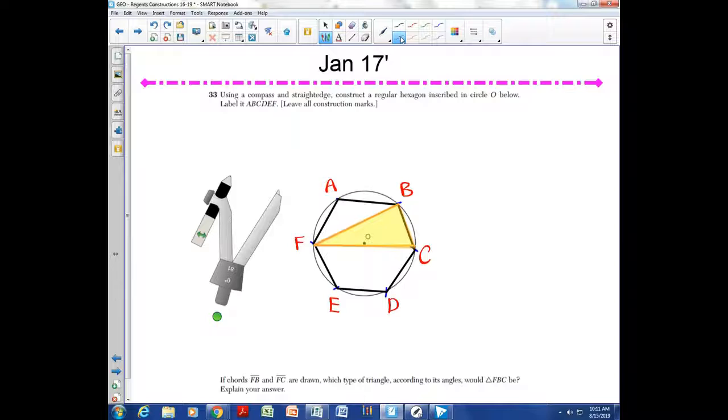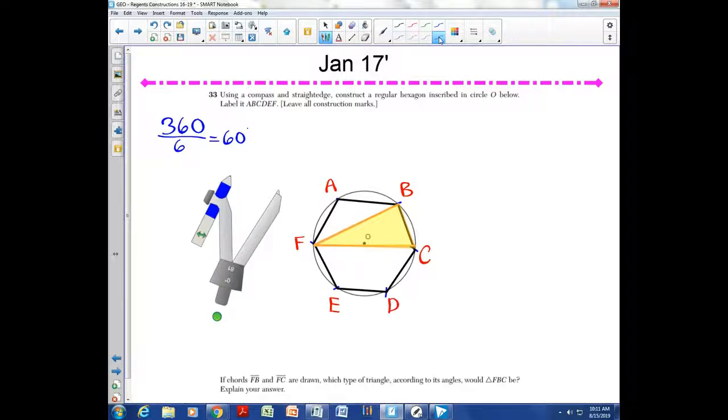Since that is an inscribed triangle, all 3 angles are inscribed to the circle. Now, we also need to remember that since this was a hexagon, which is 360 degrees divided into 6 equal parts, each of those arcs is 60 degrees.